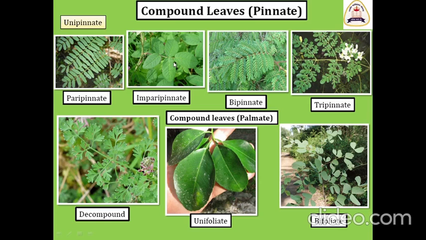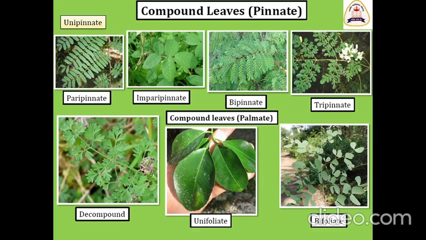Example, rose. In the case of bipinnate leaves, the primary main rachis, which contains no leaflets, is further divided into secondary rachis, and the secondary rachis contains the leaflets or pinnae. This is called bipinnate. Example, Prosopis cineraria.